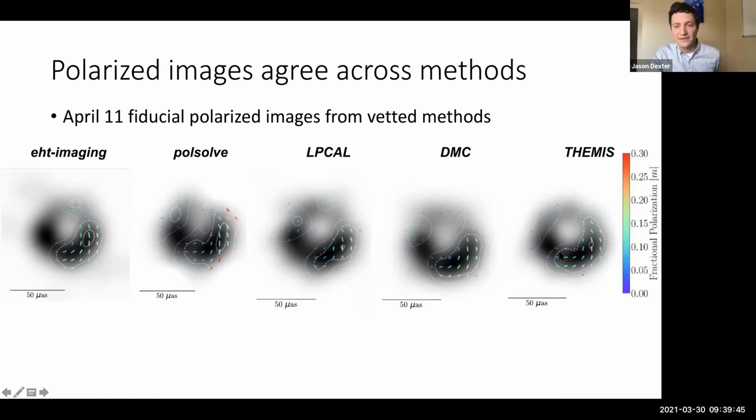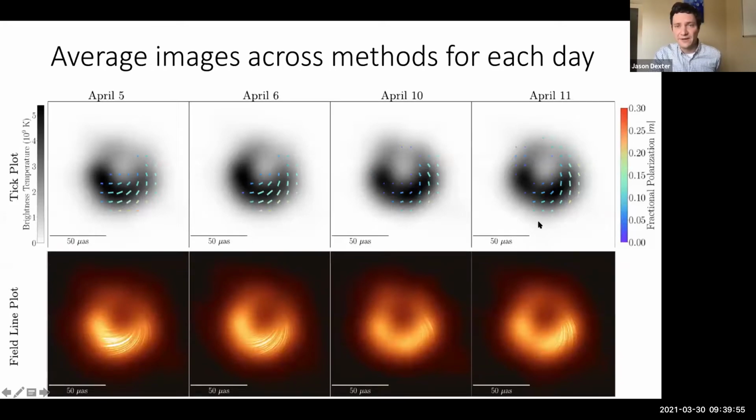And the point is that all these methods find consistent results. This is one example from that day, April 11th, of images from different methods. And the other thing is that if we average images taken from across methods, then we have a pretty consistent result on each day, with some minor changes in, say, EVPA. So these are 4 different days, represented as tick plots here, and then these field line swirl plots down below.